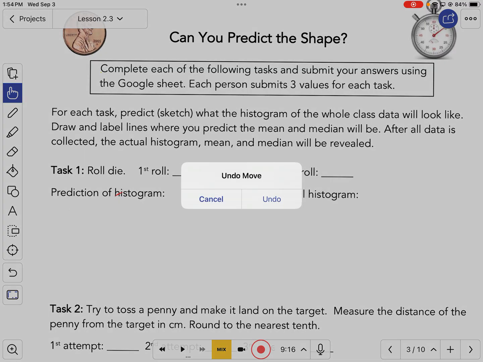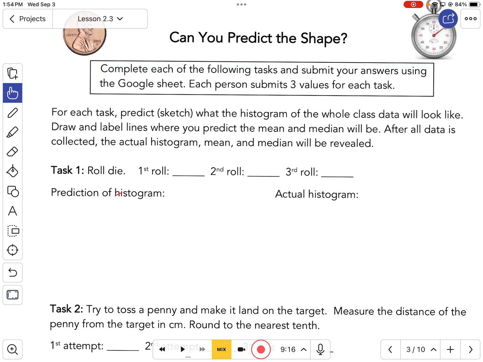I only want you to roll it 3 times and write down the number you get each time. Okay, so roll 1. Tell me what you get each time.